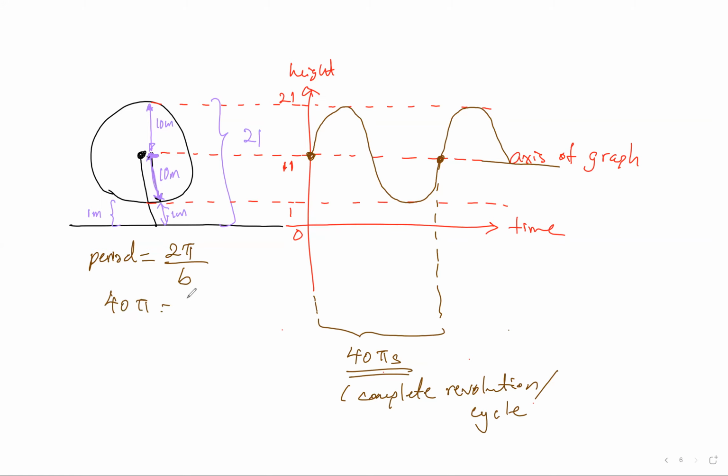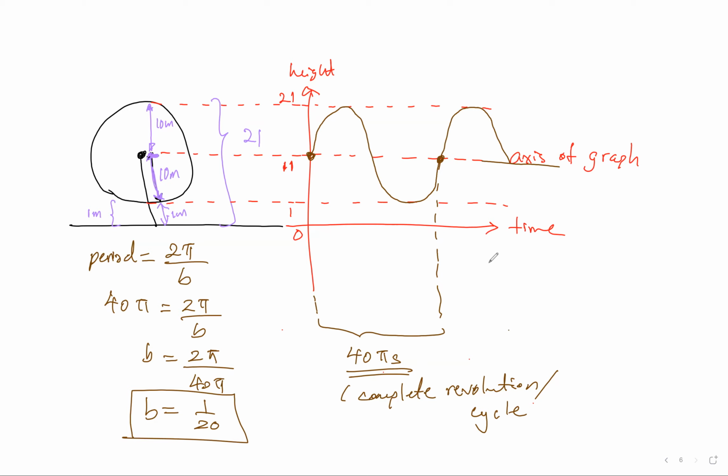So what is b then? 2 pi over 40 pi, 1 over 20. So this one is very, very important. Okay, so what else do we need to know about this?